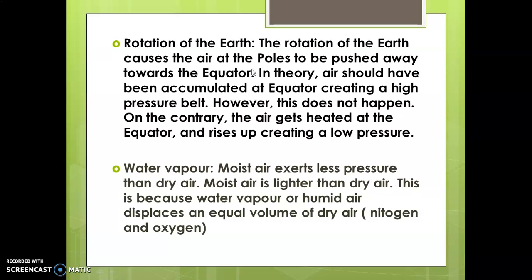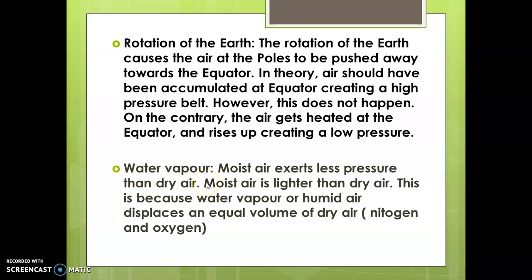If the air is deflected from the equator, definitely there will be low pressure, because air exerts the pressure. So a low pressure exists toward the equator, and the air, after deflection, gets accumulated near the next belt, 30 to 35 degrees north and south. There a high pressure belt will be formed.